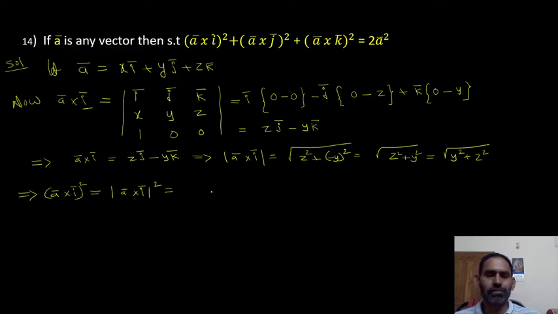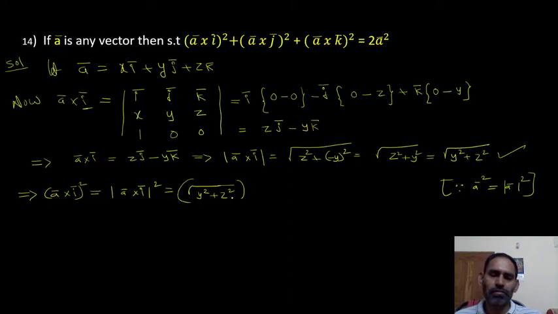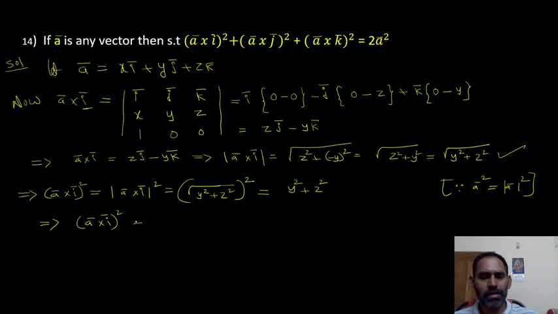These two are equal. Why? You know the formula, A bar square is nothing but mod A bar whole square. That's why A bar cross I bar whole square equals mod A bar cross I bar whole square. Here, the modulus of A bar cross I bar is square root of y square plus Z square, whole square. Square root gets cancelled. That implies the answer is y square plus Z square. So A bar cross I bar whole square equals y square plus Z square.